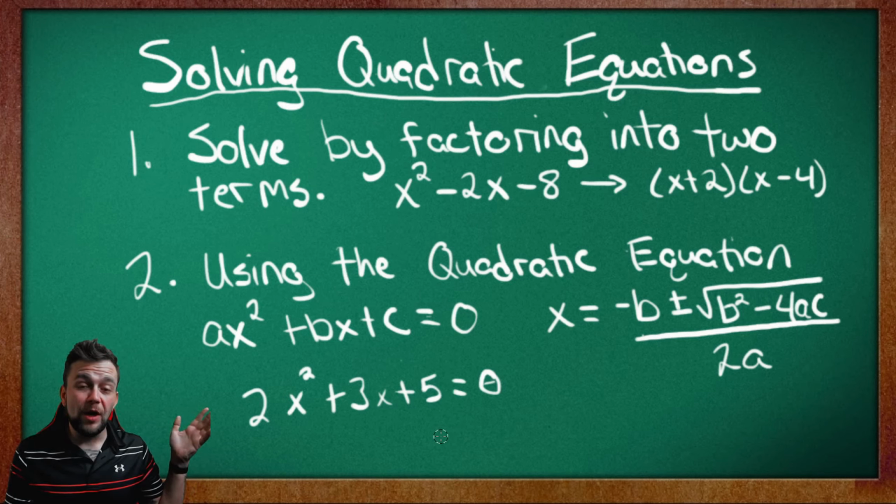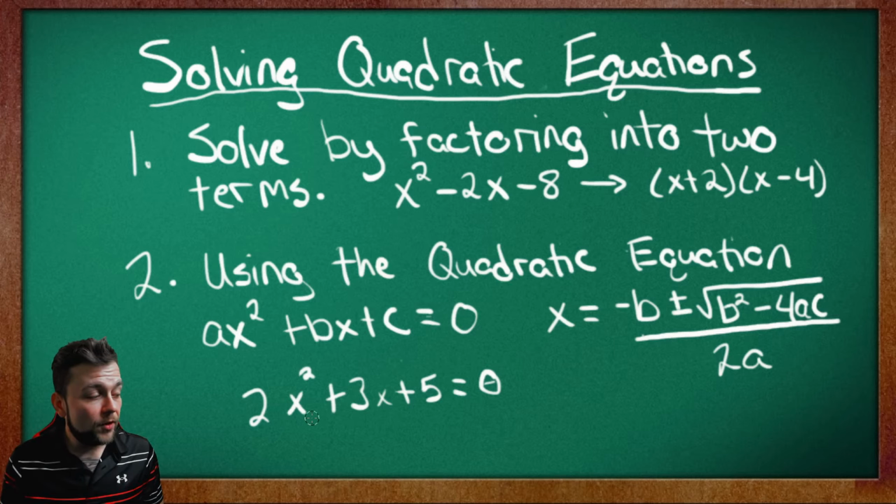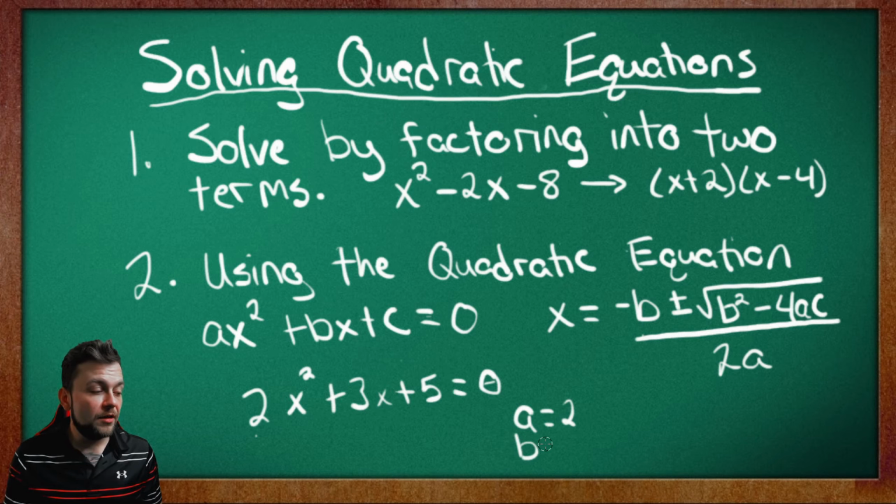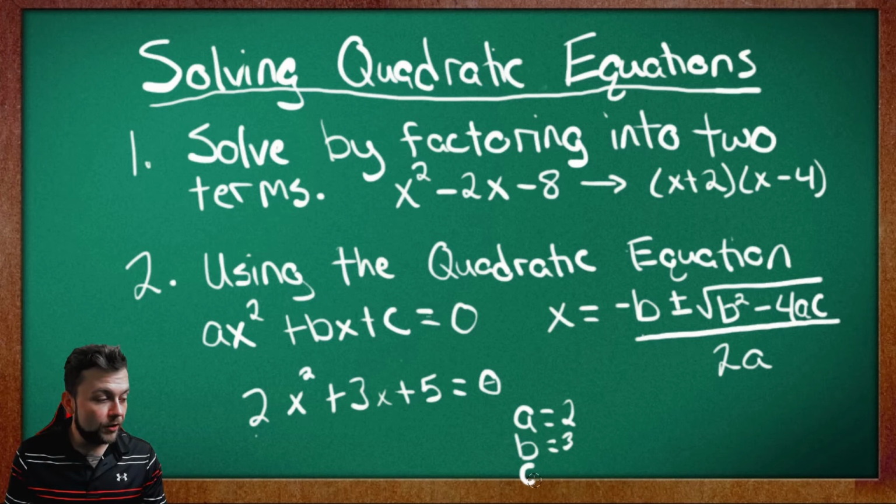The way I would go about doing that, I have the 2, so the letter A is 2, the letter B is 3, and the letter C is 5.